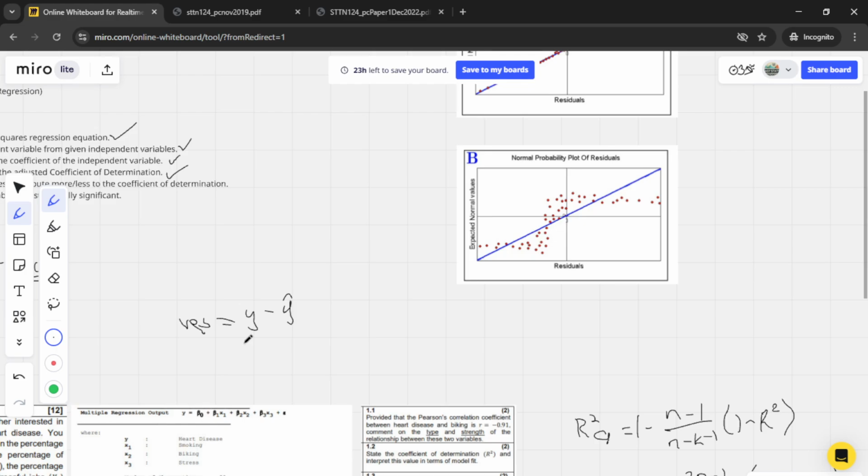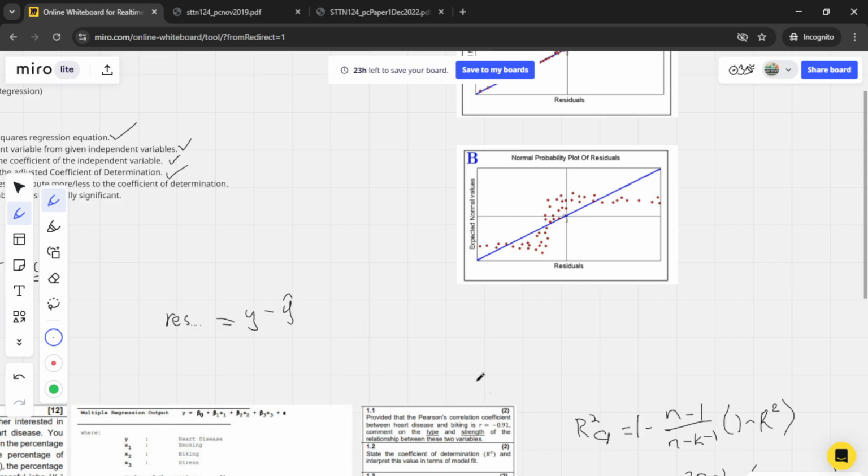Like I said, I'm using my mouse to write. Let me just write it better. The residuals is y minus y estimated. In this case, they will give you the estimated y and the actual y, so you just have to substitute and calculate this. If you don't know this, go back to the first video and watch how you calculate the residuals.